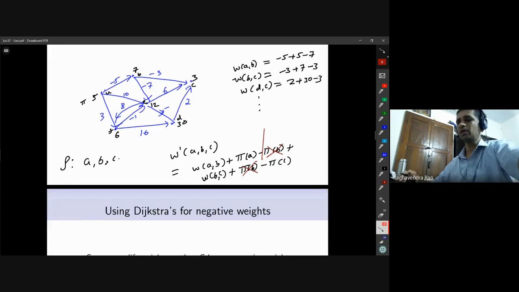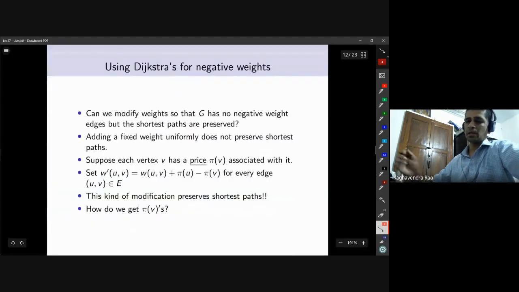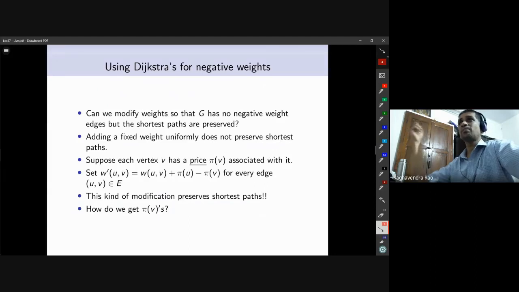The problem here was, if you are adding a fixed weight uniformly to each edge, the weight of a path can vary. It completely depends on the number of edges in it. So a shortest path can become non-shortest and a non-shortest path can become shortest, because it might be using a smaller number of edges.